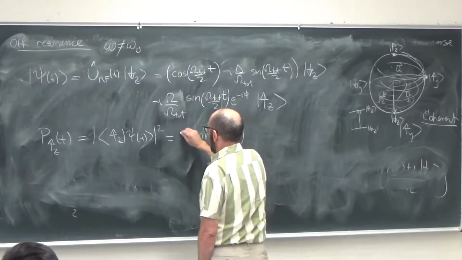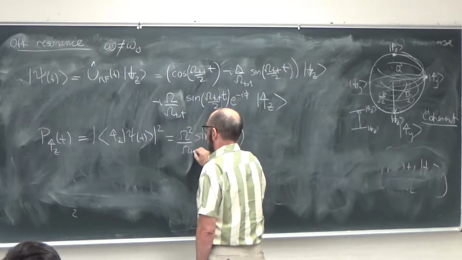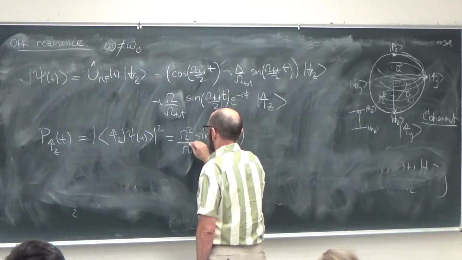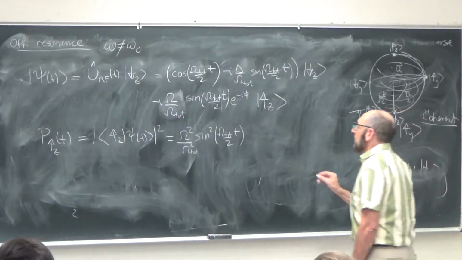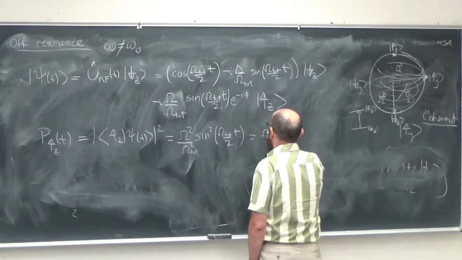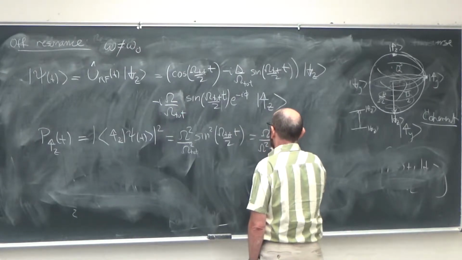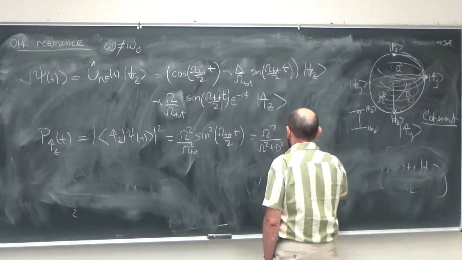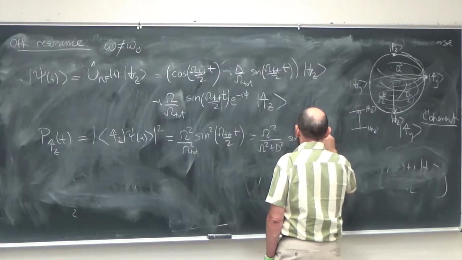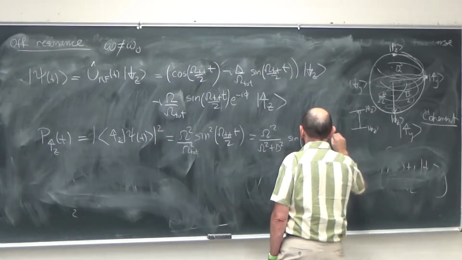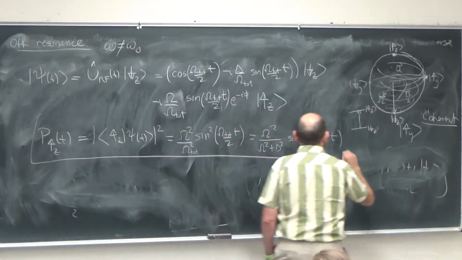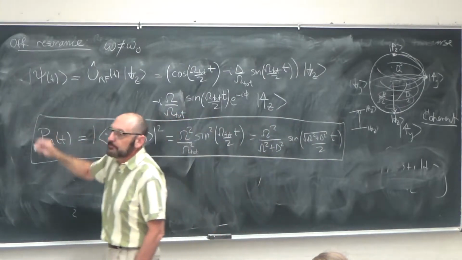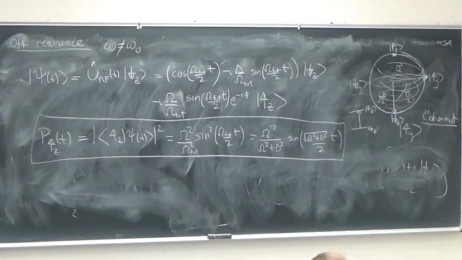And then I have this guy, omega squared over omega total squared. So that's equal to omega squared over omega squared plus delta squared, times sine squared of the square root of omega squared plus delta squared, times t over 2. So that's the general formula for an arbitrary tuning, what was called generalized Rabi flopping or Rabi oscillations.